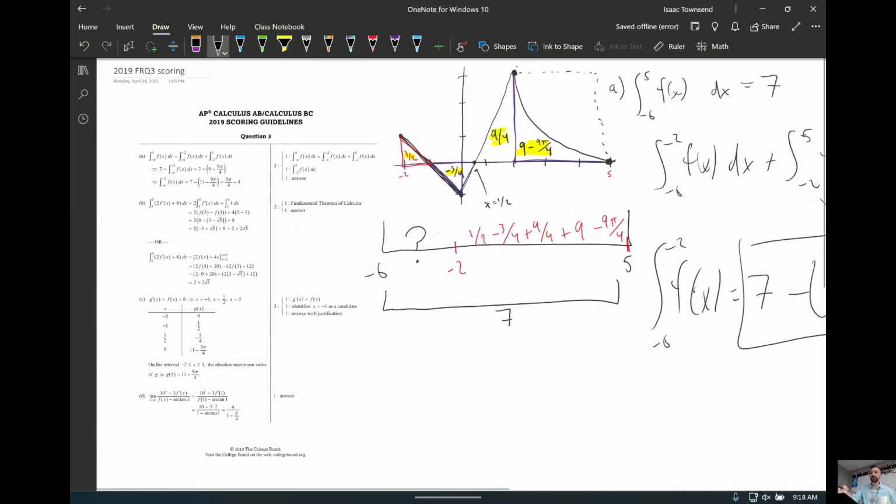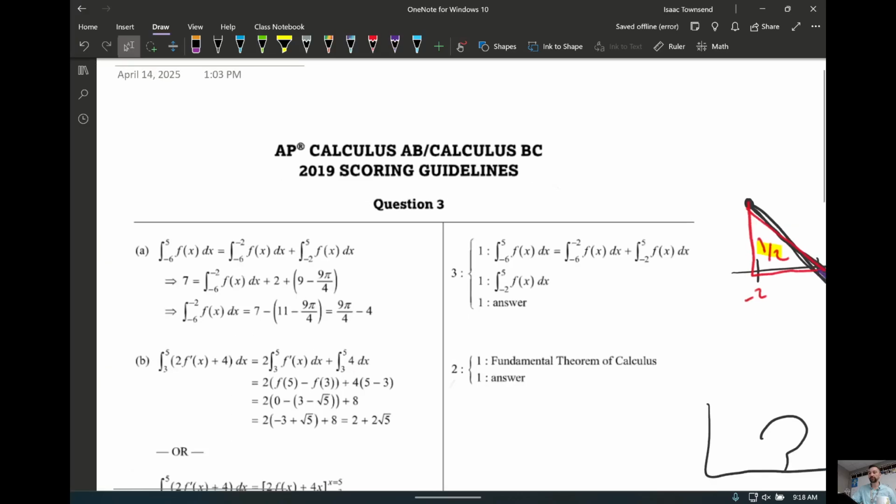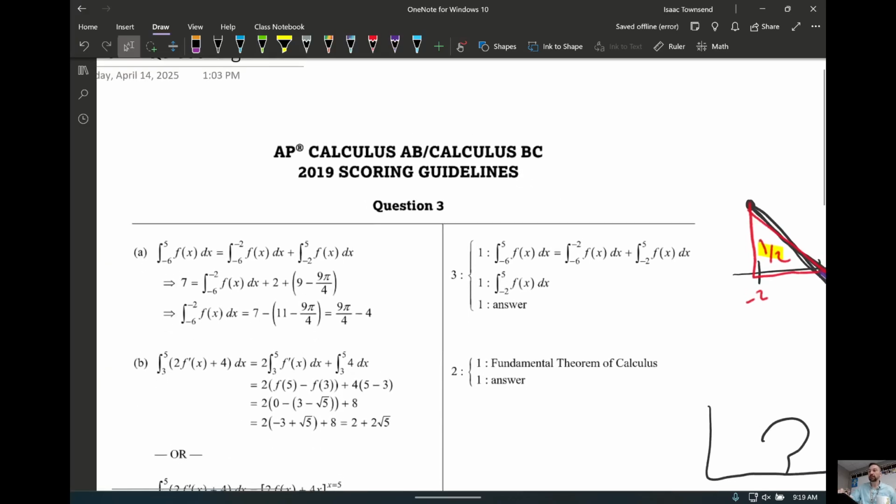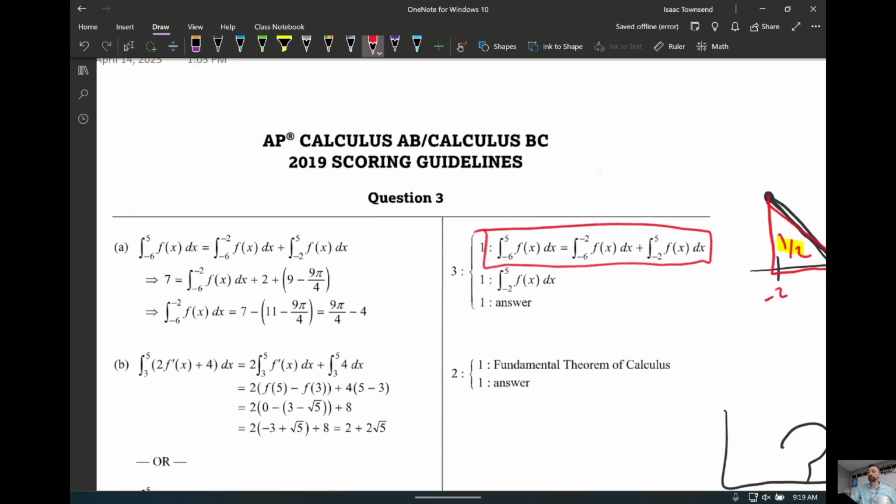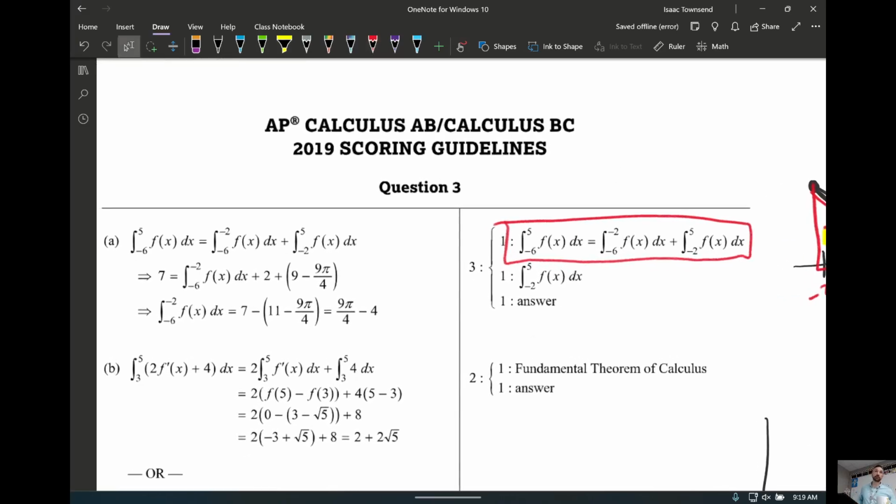So the scoring, they gave 3 points for this. The first point, you don't necessarily have to do it in mathematical terms, but you needed to do something with pencil to paper that shows you understand the area from -6 to 5 is the same thing as the area from -6 to -2 plus the area from -2 to 5.